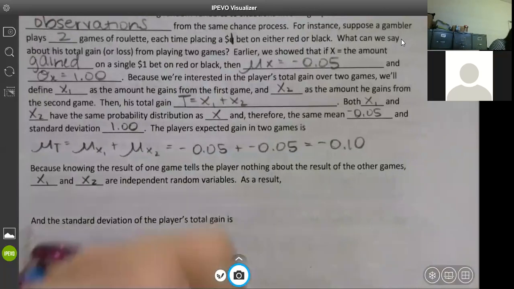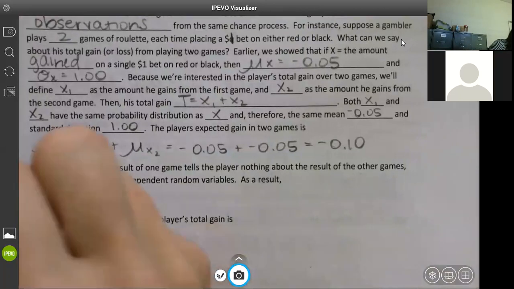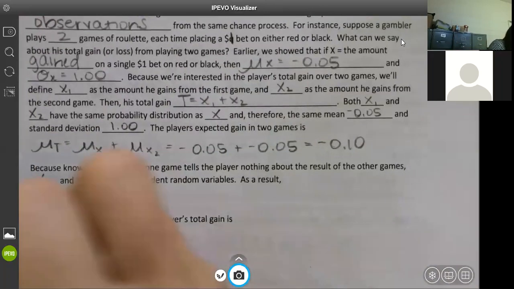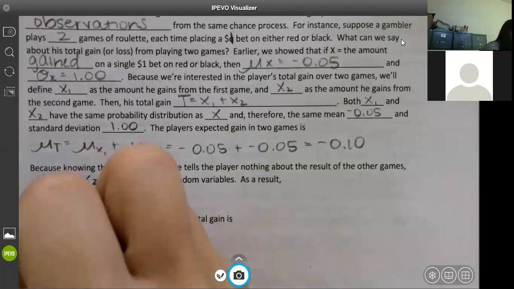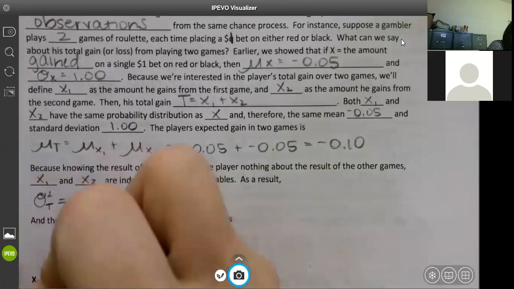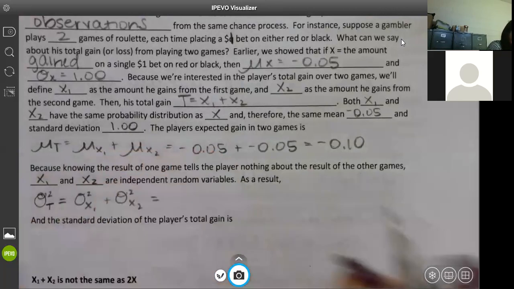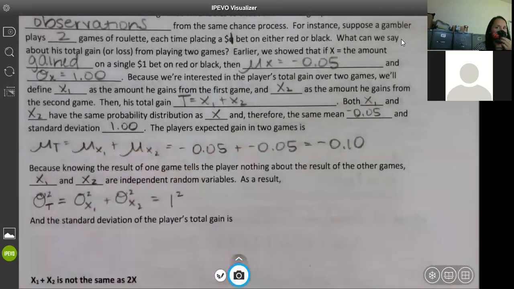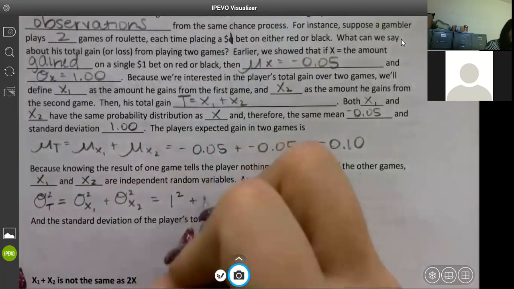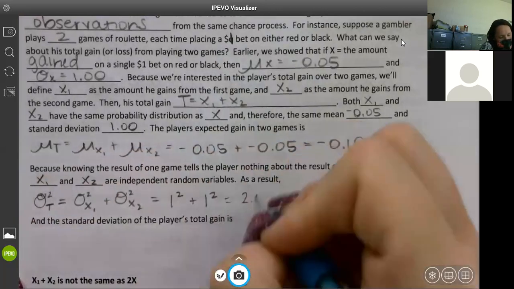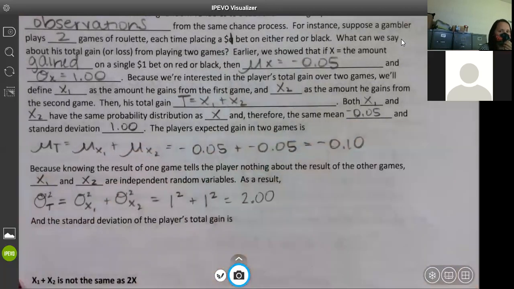So as a result, we can do that standard deviation by finding the variance. So the total variance is the variance of X1 plus the variance of X2. So the variance, remember, is the standard deviation squared plus the standard deviation squared, which gives us $2.